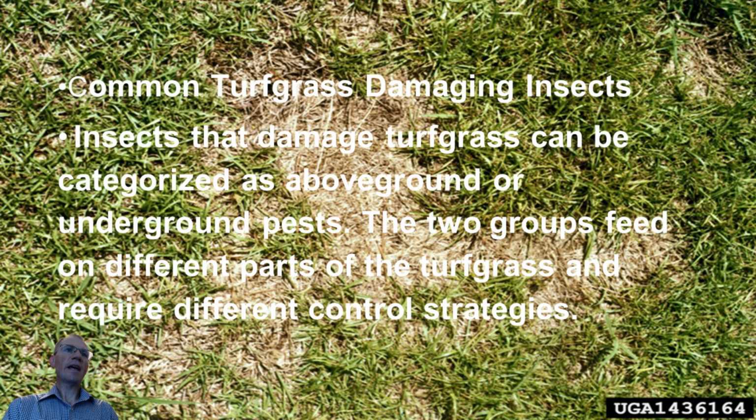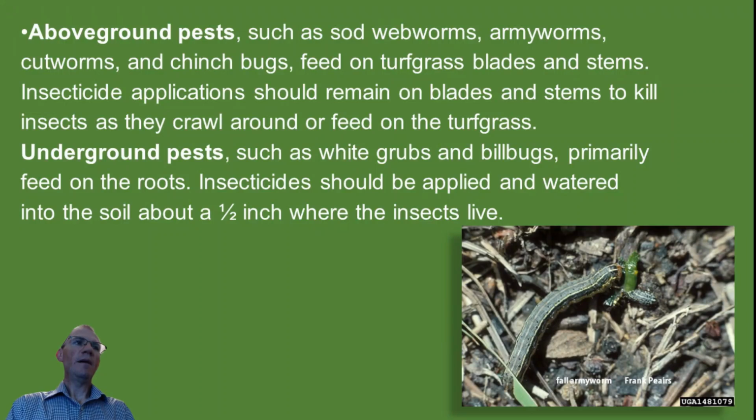Common turfgrass damaging insects. Insects that damage turfgrass can be categorized as above-ground or underground pests. The two groups feed on different parts of the turfgrass and require different control strategies. Above-ground pests such as sod webworms, armyworms, cutworms, and chinch bugs feed on turfgrass blades and stems.